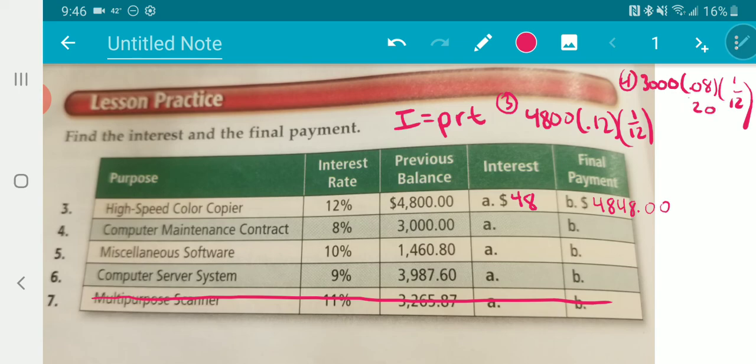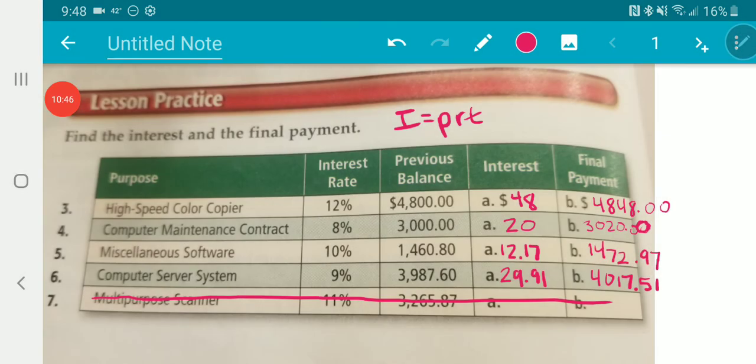So this one came to 20 bucks, which would mean 3,000 plus 20 is just 3,020. I'm going to pause the video and put the next few answers up there so you can check yourself in a sec.